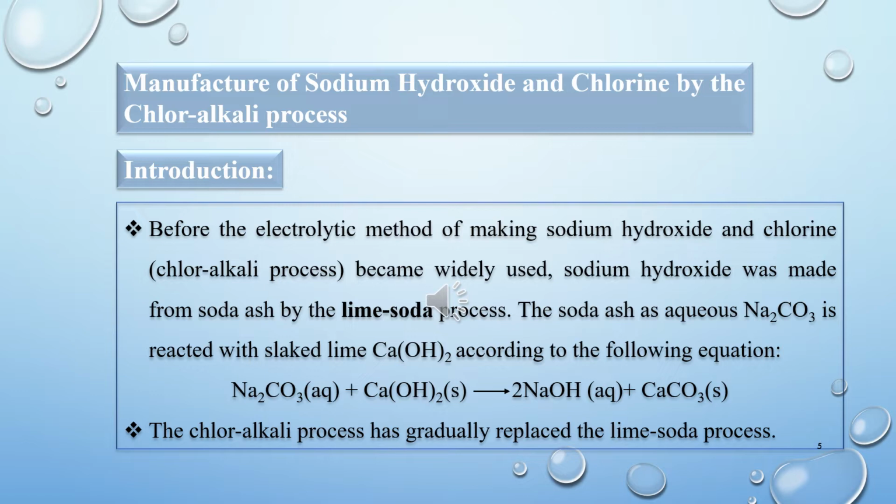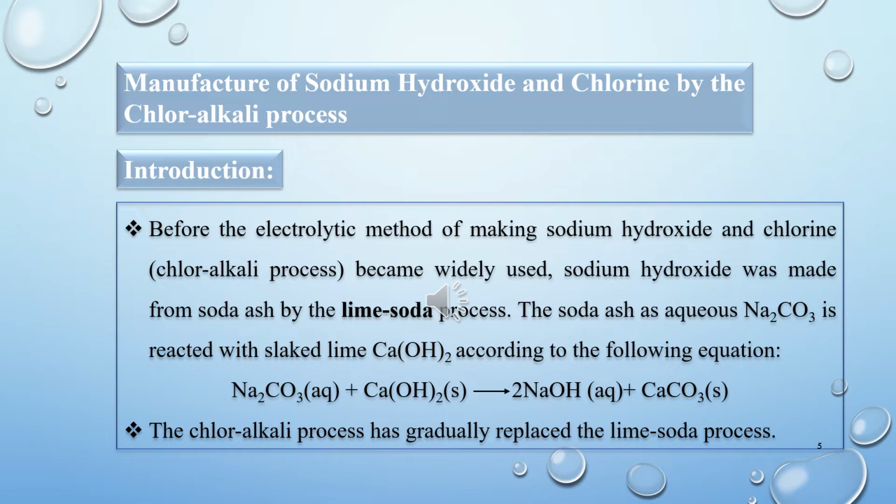Dear student, in this point he said that before the chloralkali process, sodium hydroxide was prepared by the soda ash process, in which sodium hydroxide is prepared by soda ash and slaked lime. In this, we allowed sodium carbonate to react with slaked lime and form sodium hydroxide. Equation is given below.